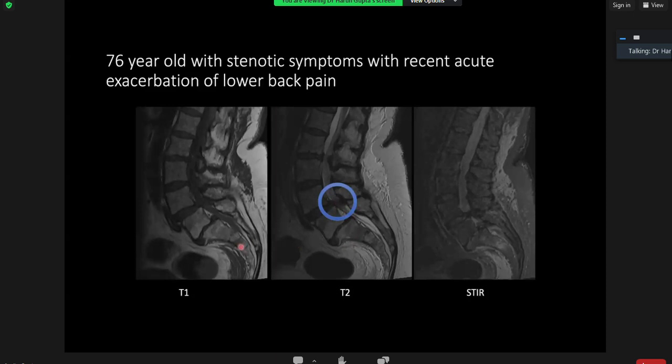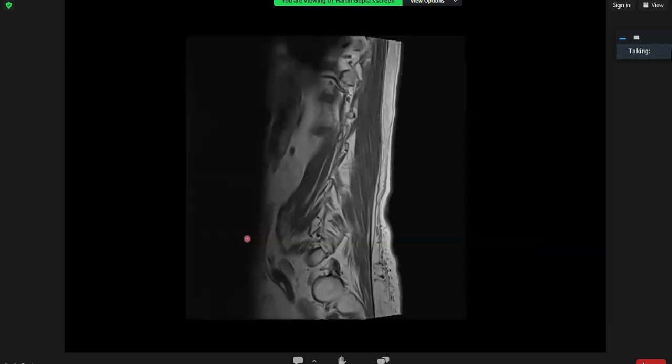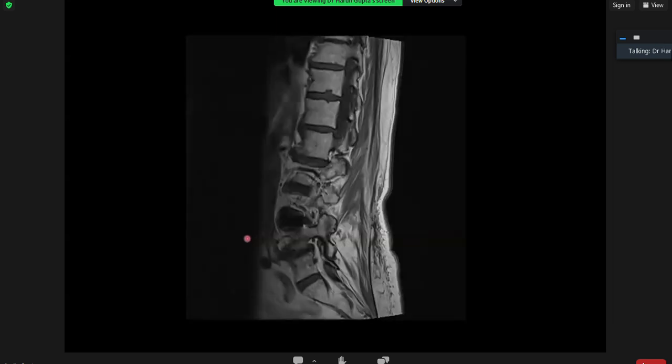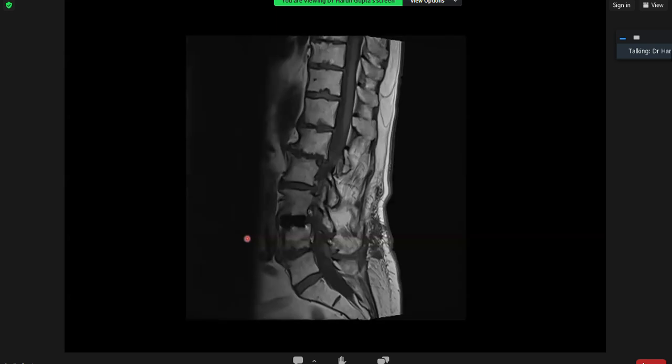What we see is there is a subtle fracture. So if you look at the sacrum, there is edema here, and on T1 there is a fracture line. So the main reason the patient has now presented is sacral insufficiency fracture. Another example, the patient had a previous operation, has severe degenerative change, has had loads of MR, and now comes with worsening of symptoms.